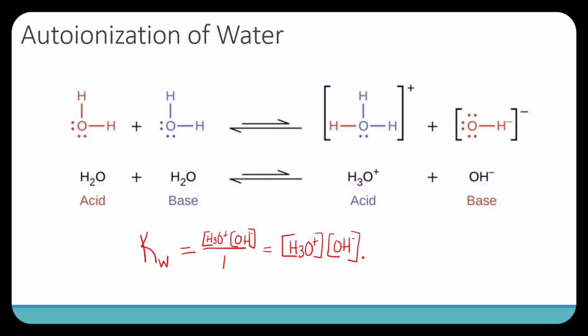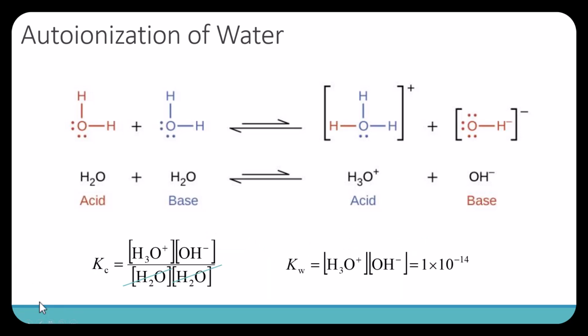So I'm going to expect this value to be extremely small because this is a very reactant-favored process. So this is a very well-known, well-researched number, and the autoionization constant of water is 1.0 times 10 to the negative 14. Okay? So that's just a constant. That's a number that is very well researched. There's your value.